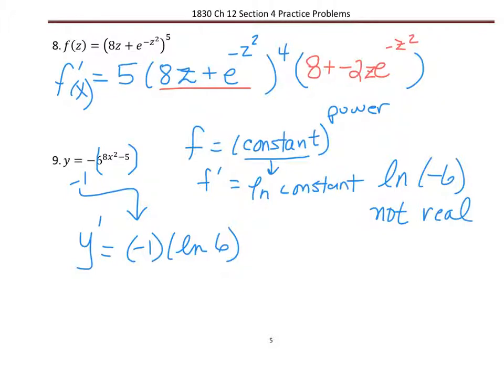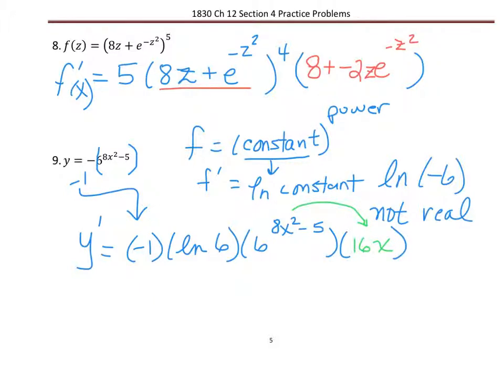And then we need to take the derivative of 6 raised to the power 8x squared minus 5. And then the derivative of 8x squared minus 5 is 16x plus 0. So we'll just leave that off.